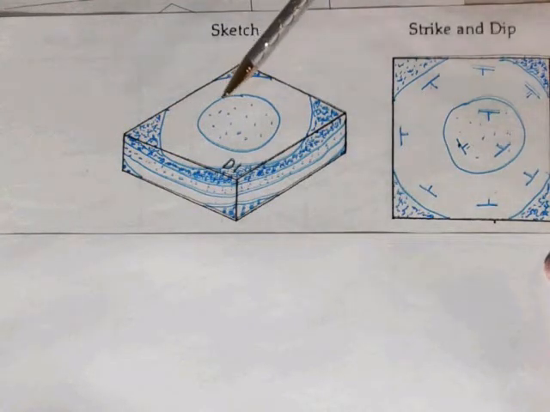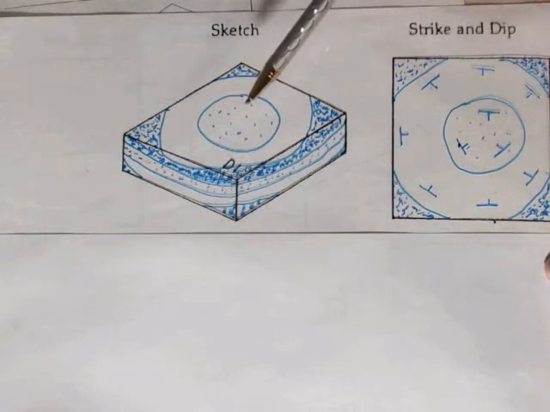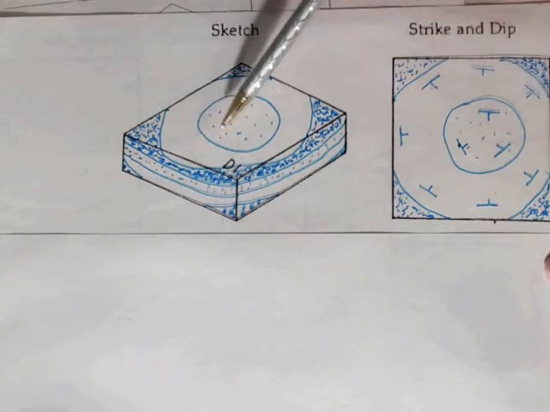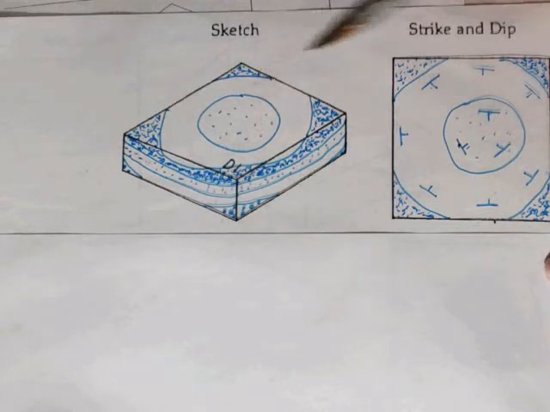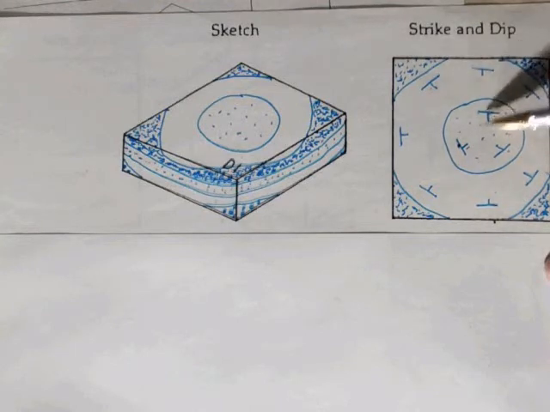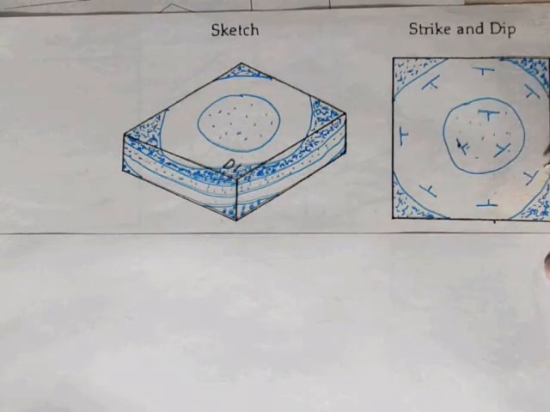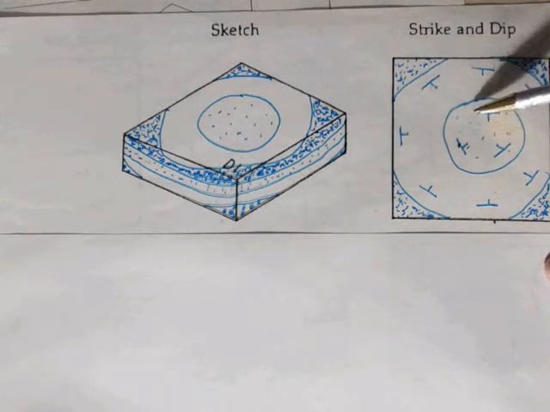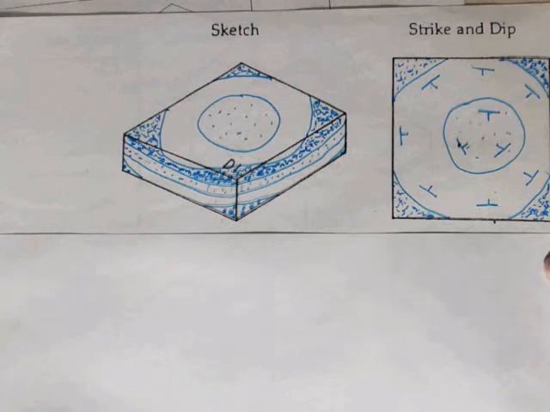So pretend we have our water hose and we're running that water hose in essentially a bowl shape, the basin. All the water is going to want to run towards the center. So when we put the dips, which are always perpendicular to the strikes, remember that, we'll put in enough of those to get that feel that they're all going towards the center, dipping direction towards the center of our basin. Okay, so not too complicated for the strike and dip pattern for those.